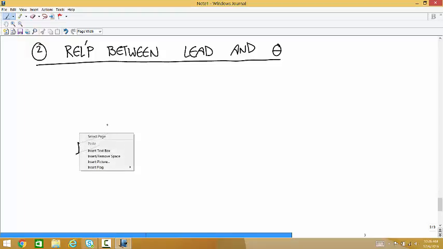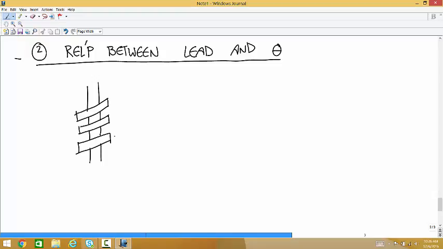So if your screw is like this, the lead is the change in height for one revolution of the thread. I'll call that lowercase l.